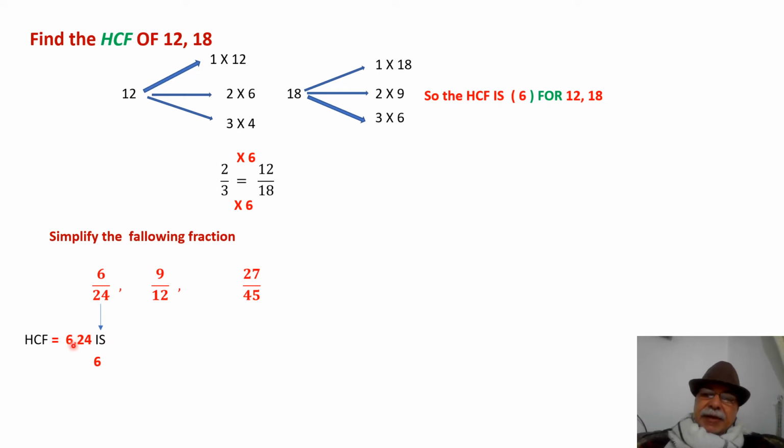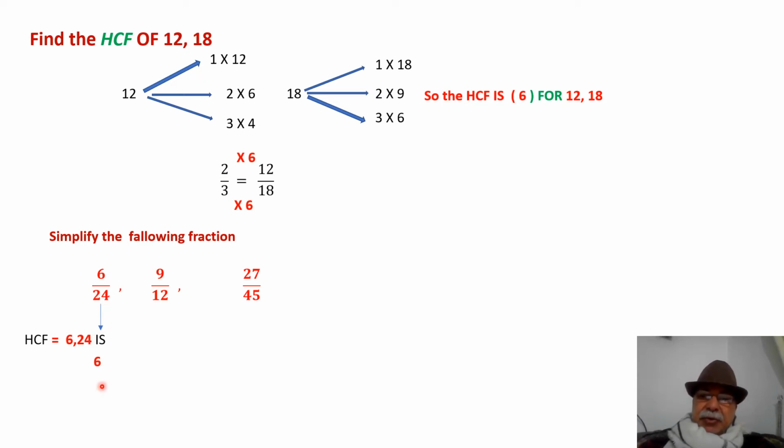You can return back to the high common factor and low common factor videos to know how you get it. This is for any numbers. But now, exactly, I get this 6 is the common factor for 6 and 24.